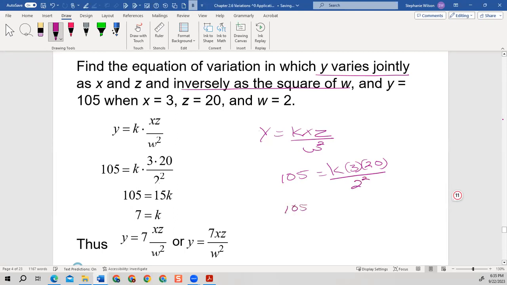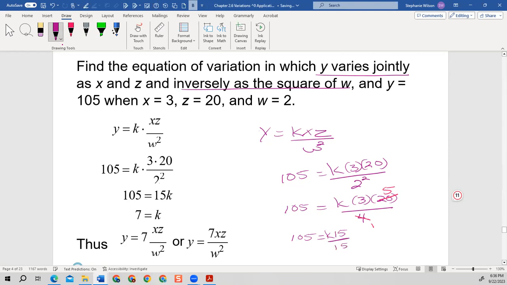So now I got 105 is equal to k times, I'm going to leave it in this format for now because 2 squared is 4. And I see 4 goes into itself once and it goes into 20 five times. So I'm just going to save myself some extra work. Now I got 105 equals k times 3 times 5, which is 15, and it's all over 1.